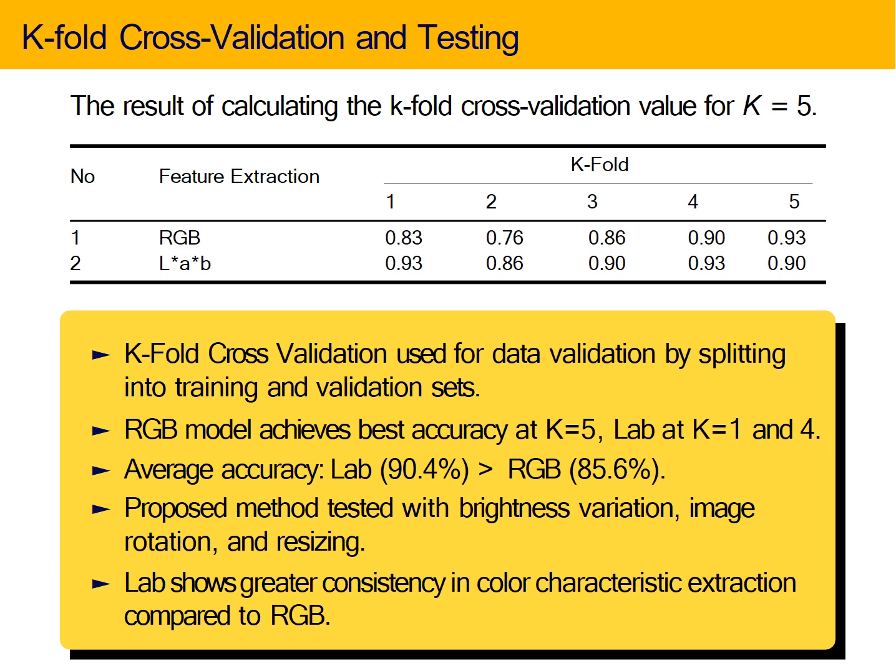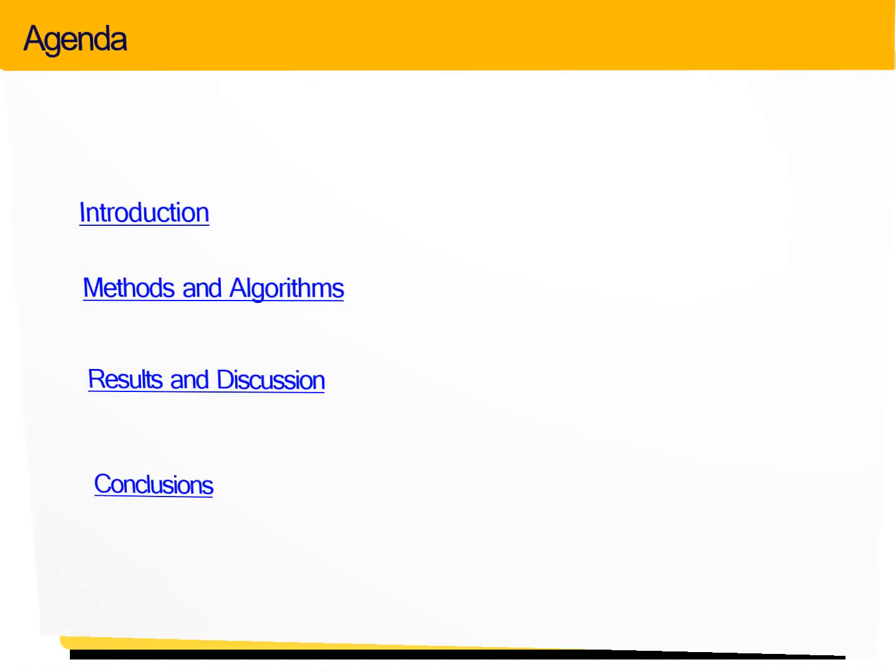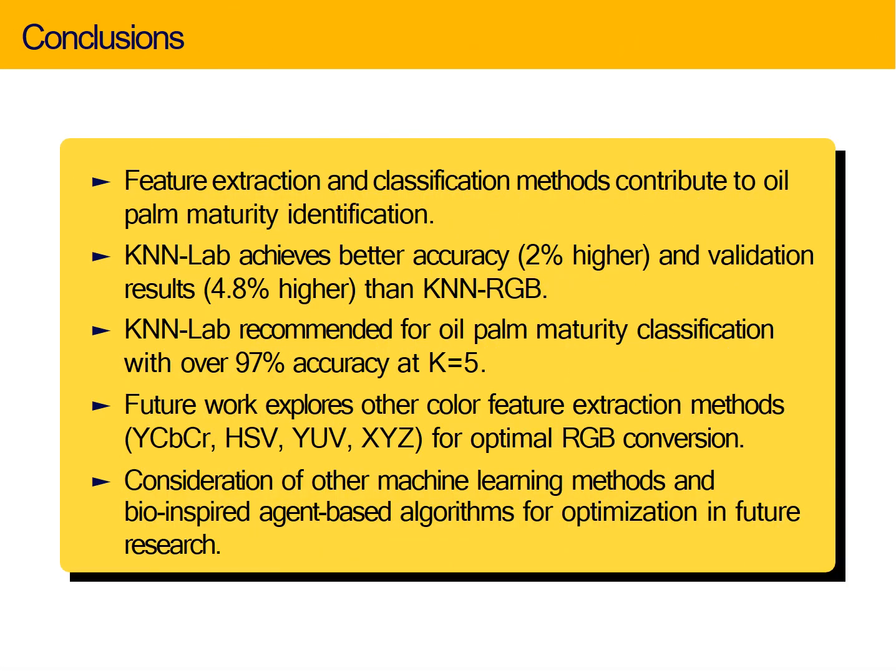This is the conclusion. So the feature extraction and classification methods contribute to oil palm maturity identification. KNN LAB achieves better accuracy, 2% higher, and validation result 4.8% higher than KNN RGB.